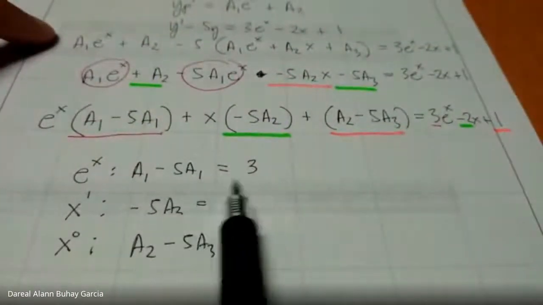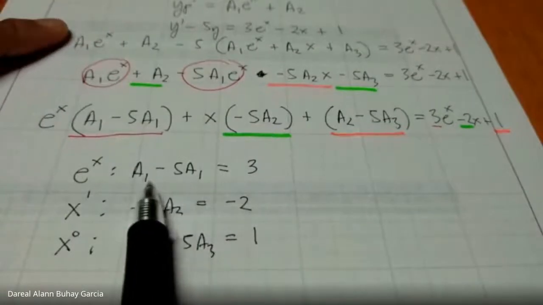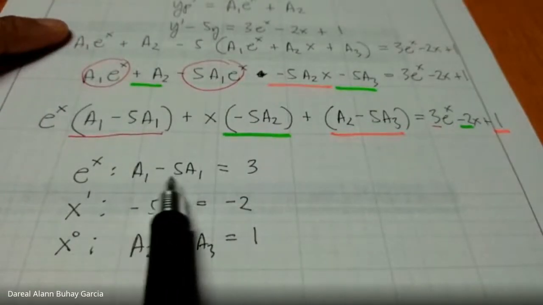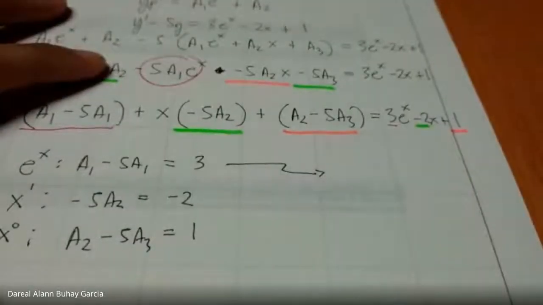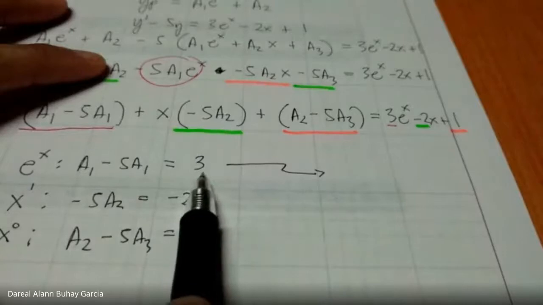So, I think we can already get a1. It becomes negative 4a1, so 3 divided by negative 4. From here, we could already obtain a1 is equal to 3 over negative 4, or negative 3/4.